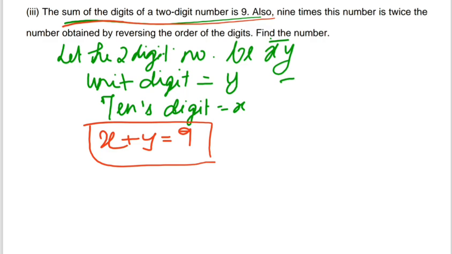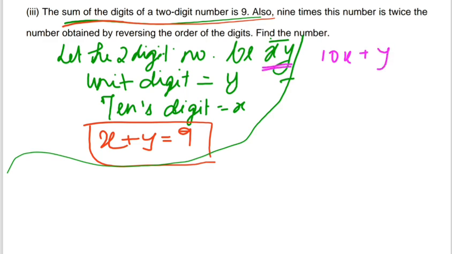So they are saying that 9 times this number, 10x plus y. So we assumed xy as the two-digit number. We can also write this number as 10x plus y, because it is in tens.